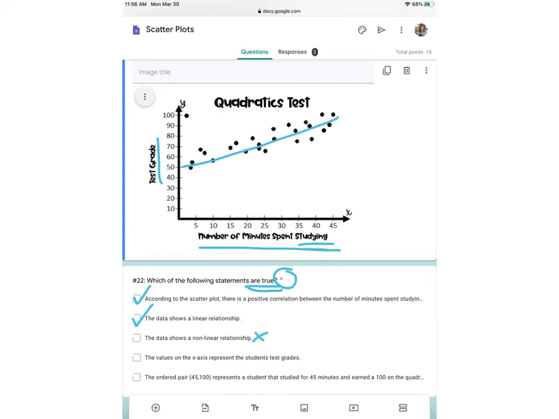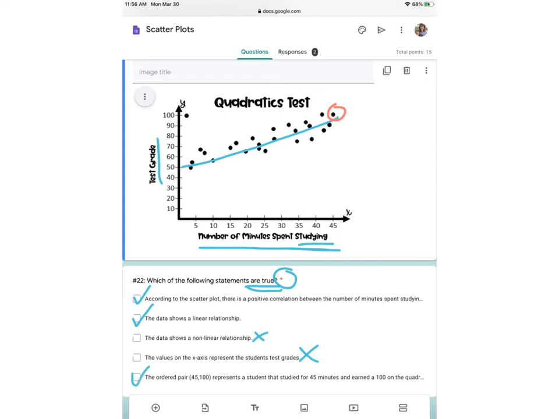No, the x-axis is studying, so it's not this one. The ordered pair 45-100 represents that a student studied for 45 minutes and earned 100. Let's see, 45 and 100 is right here. And that looks to be true, yes.